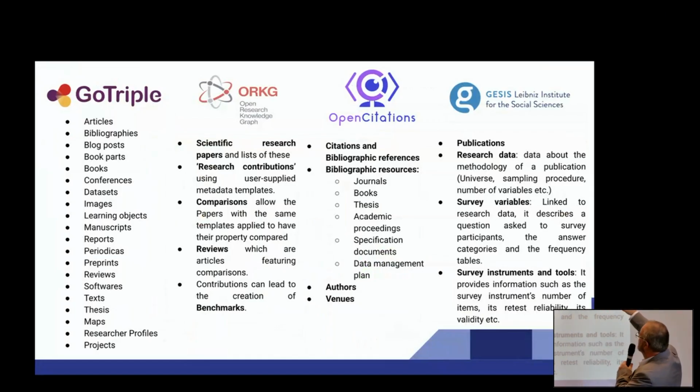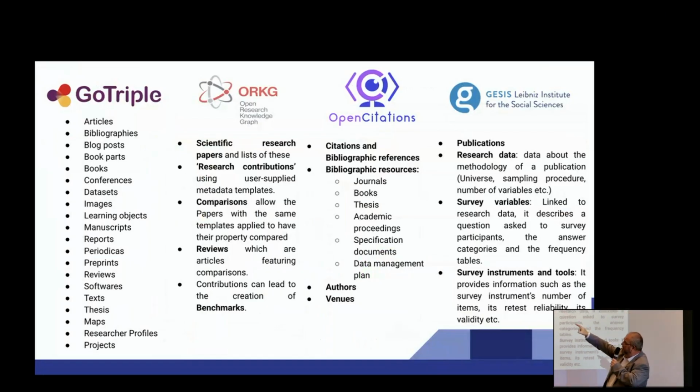Okay, publications. What kind of publications do we have in GESIS? Is this just scientific papers? Or do we also have blog posts, books, conference proceedings, and this kind of thing? So we need to look at the granularity level: if the publications in GoTRIPLE are the same as the publications in GESIS, and if we need to extend GESIS or just specialize it.